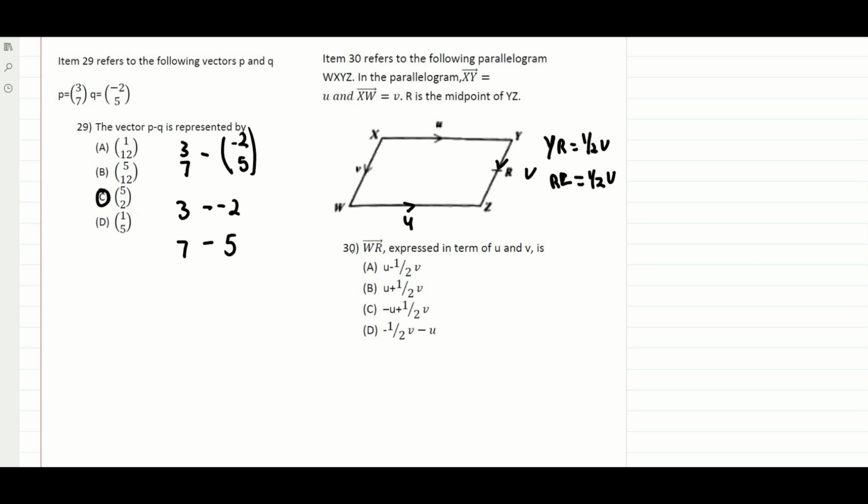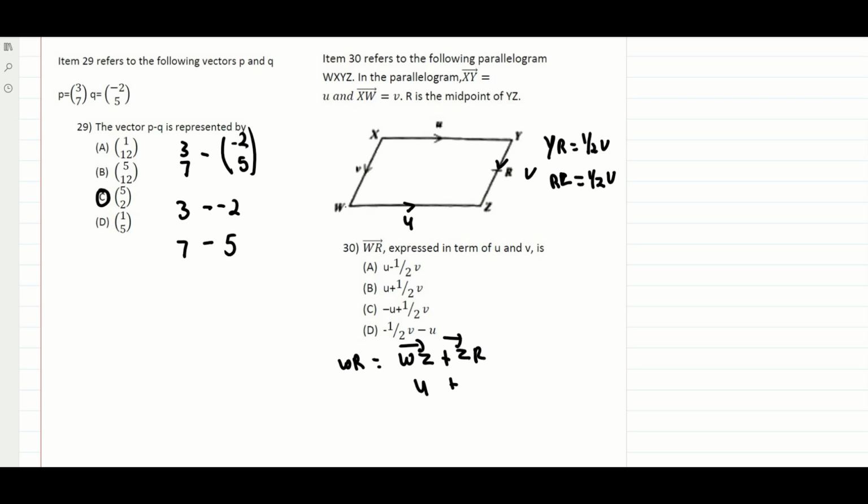Okay, so now that we have looked at all the information that is given in this, let's see what the question is asking. They're asking for wr. So we're going from w to r. So wr would be wz plus zr. Now what is wz? Because wz is parallel to xy, we know that wz is equal to u. Alright?